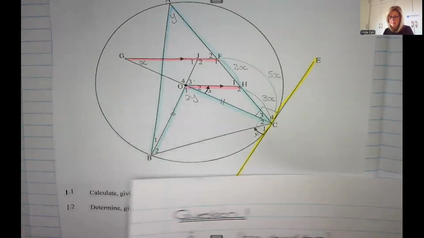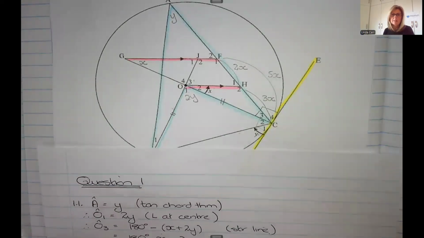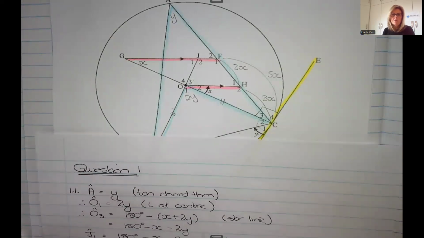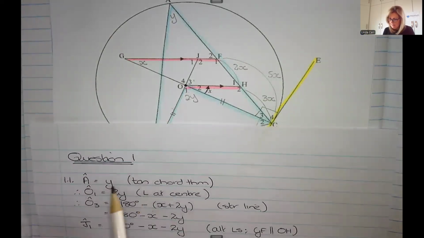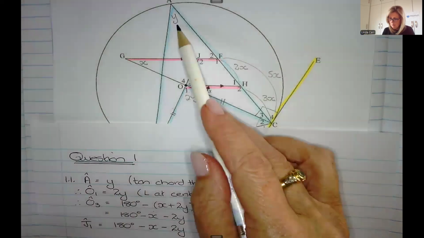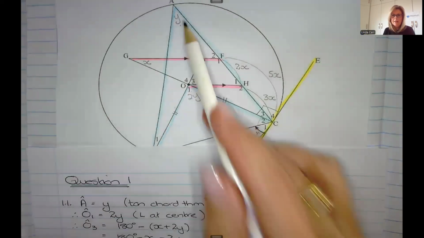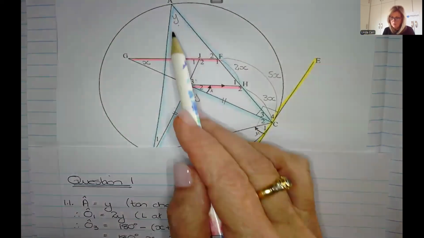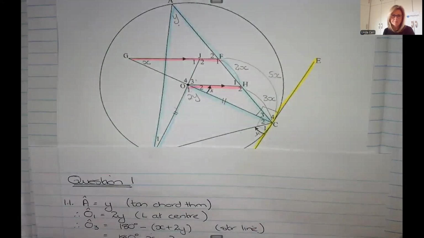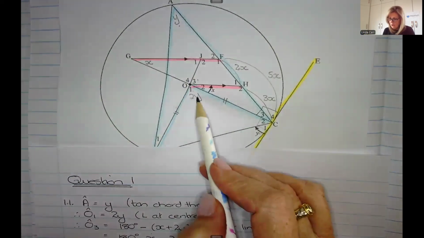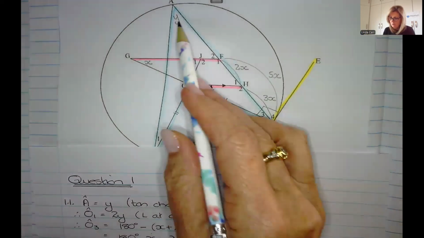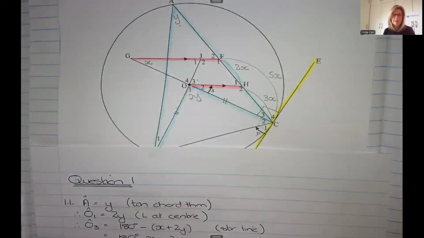I'm going to be a bit like the TV chef here because we've actually written everything on the sketch. So the first thing I did was I said angle A is equal to y, and that was because of the tan chord theorem. Then I said O1 was 2y because of angle at center.